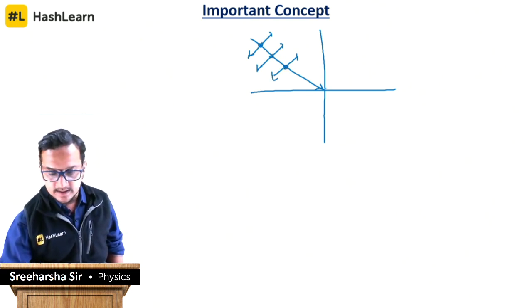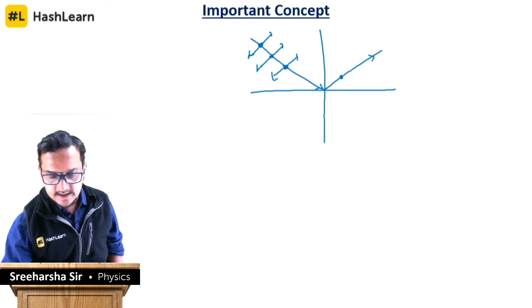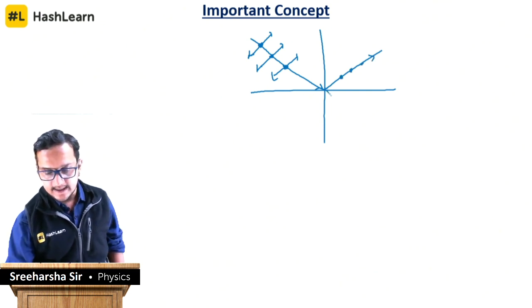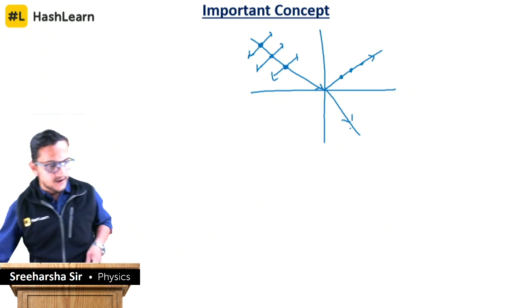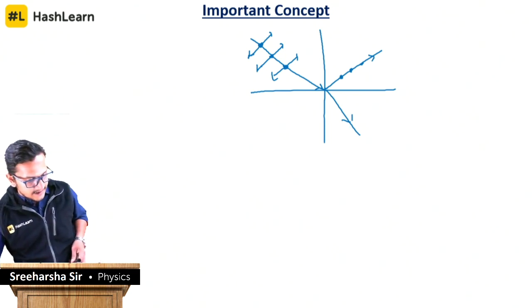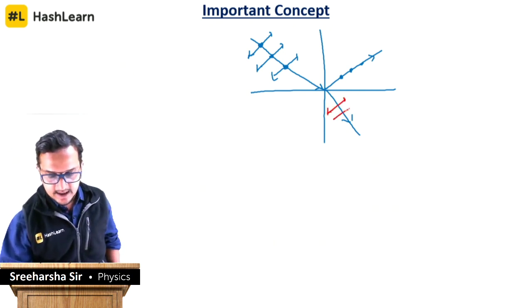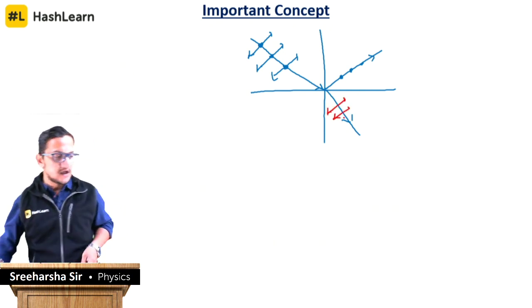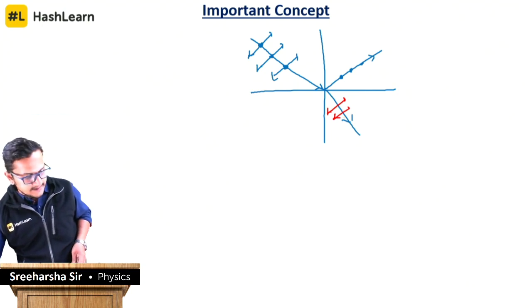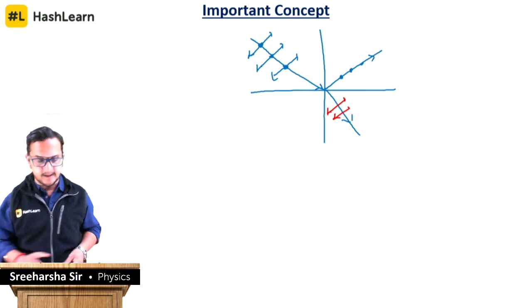Now what will happen? The reflected light will have one certain kind of vibration, and this is the refracted ray, which will have the other particles vibrating perpendicular to this. I am very happy that your doubt has been clarified. So these are the rays which are emitted.